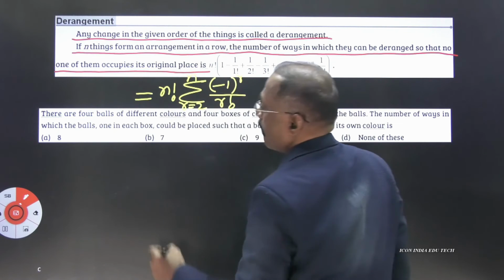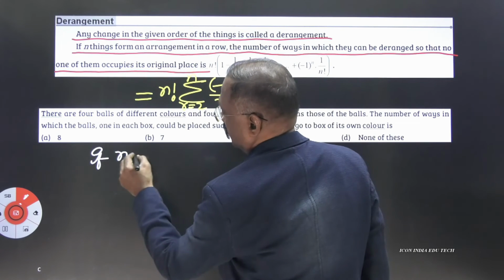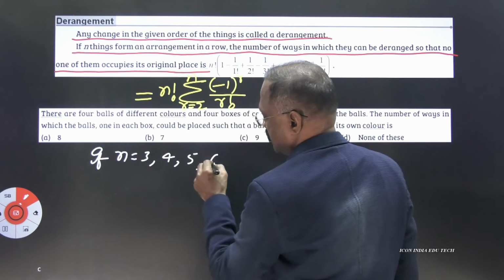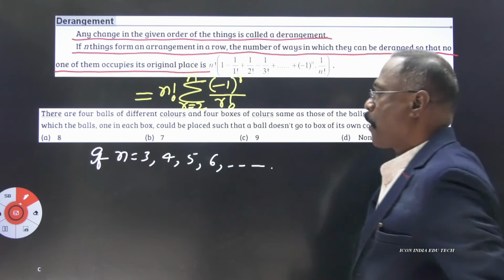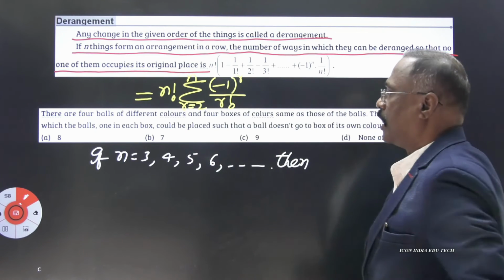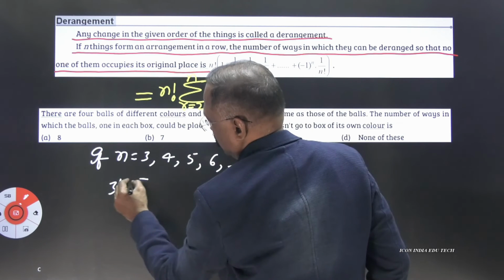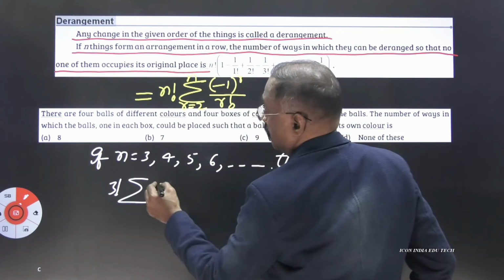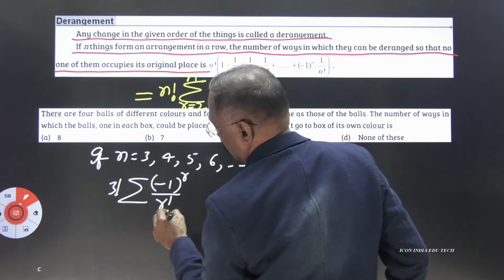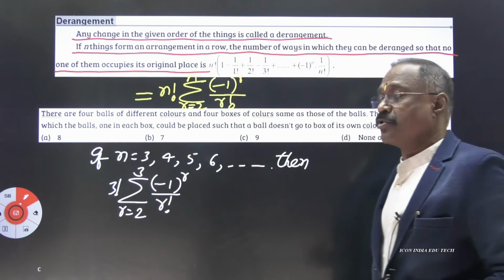I am writing n equal to 3 first. That is 3 factorial sigma minus 1 whole power r by r factorial. r runs from 2 to 3 here because we have given n to be 3.